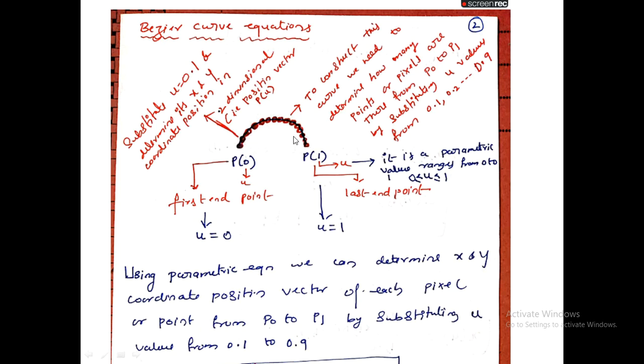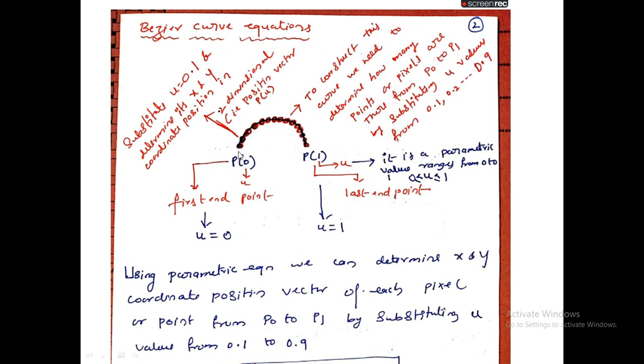Whenever we say curve, definitely it is a collection of pixels. Only the coordinate positions are different for every pixel. A curve is nothing but a collection of points, or a collection of pixels. Every pixel has neighbors except the first pixel and the last pixel, which don't have neighbors on one side.